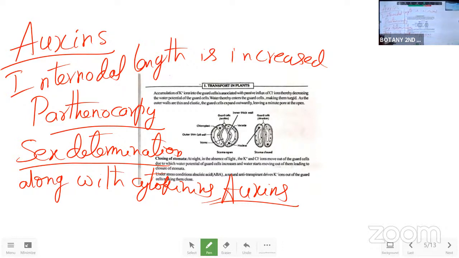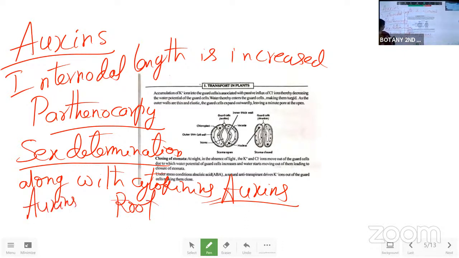In horticulture, we go with tissue culture for the development of new plants, so that they can be easily grown from the meristematic tissues only. No need for a seed to be developed into a new plant. Okay. So in that case, auxins should be more and cytokinins less. Then it will promote root formation.